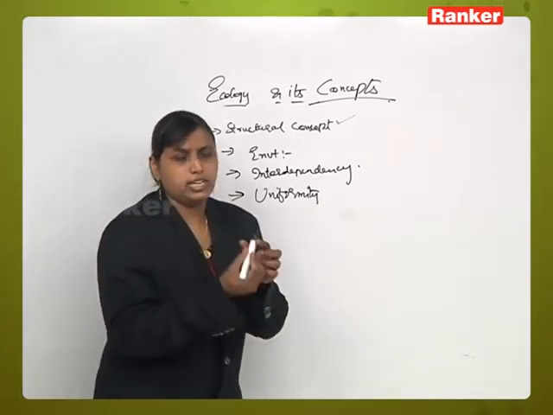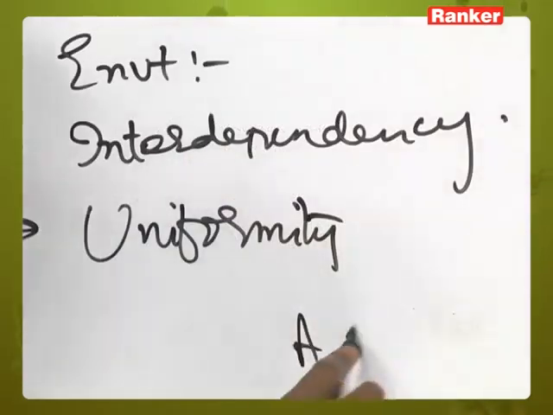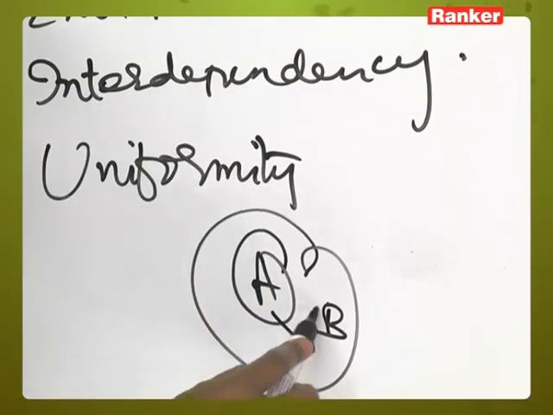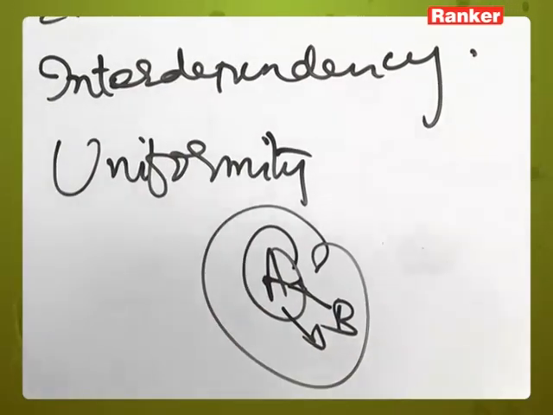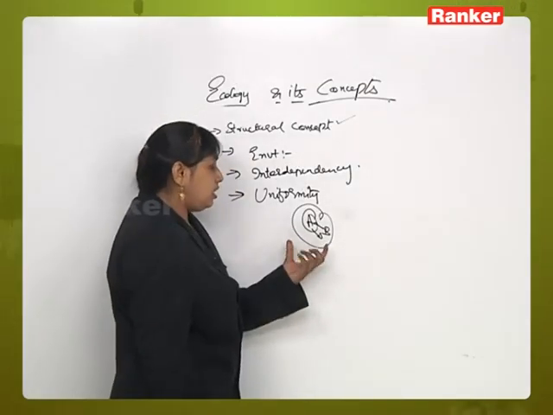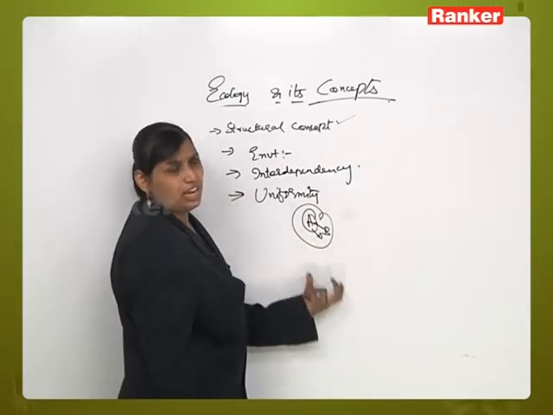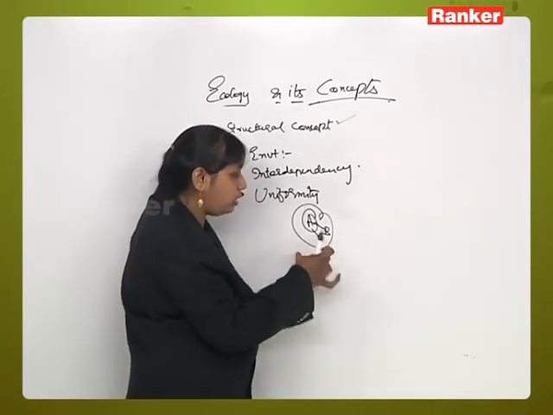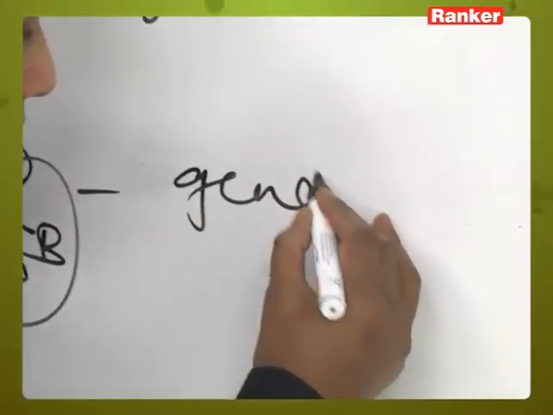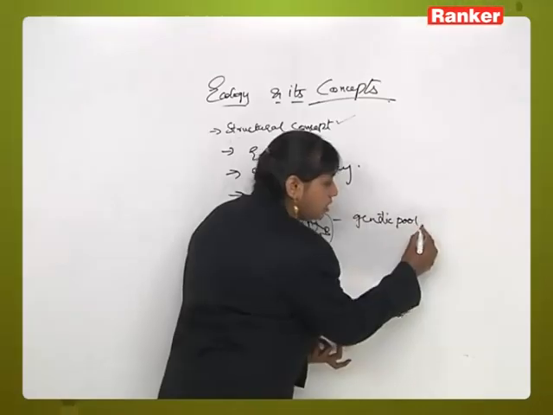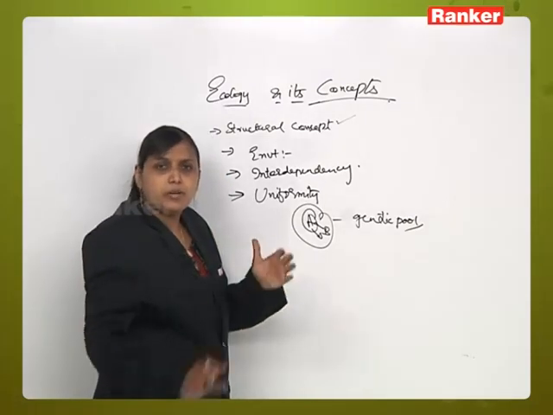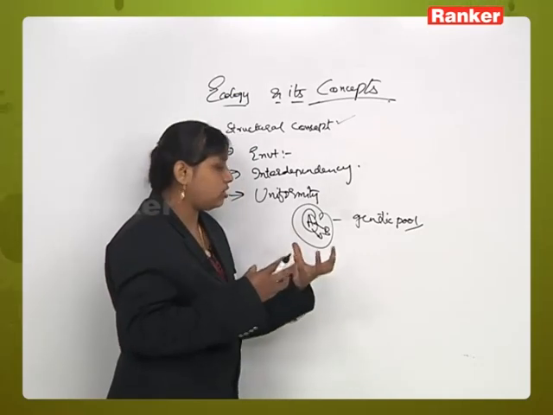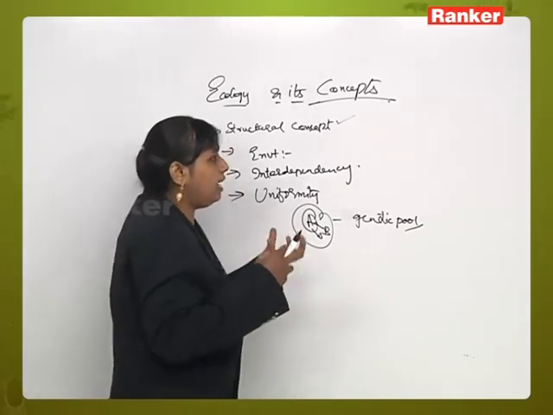If a particular organism A is living in a particular environment B, it will have an interrelationship with B, and B with it. They will try to get uniformity in the structure, functioning and development of that environment, so that they can preserve their genetic pool, the genetic characters of that particular generation or organism in that environment.